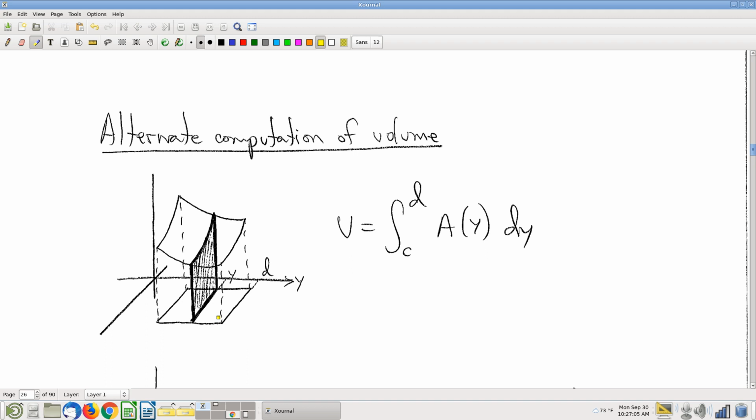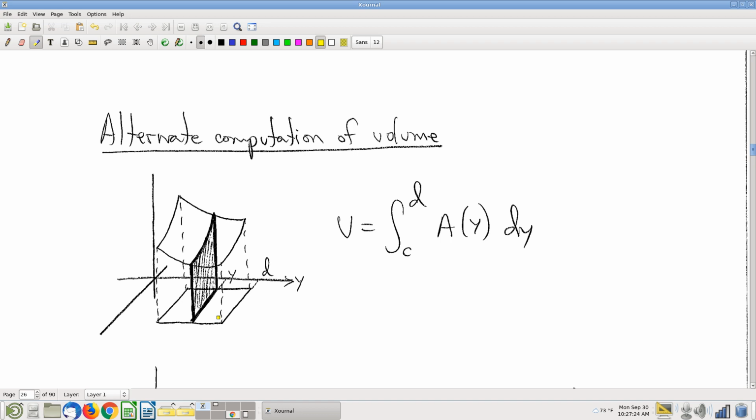And I remind you, you've already computed volumes in Calc 2 classes, right? Volumes of rotation, where you take an area and you rotate around an axis and you get some kind of vase-looking shape, and you want to compute the volume inside of that rotationally symmetric vase thing.